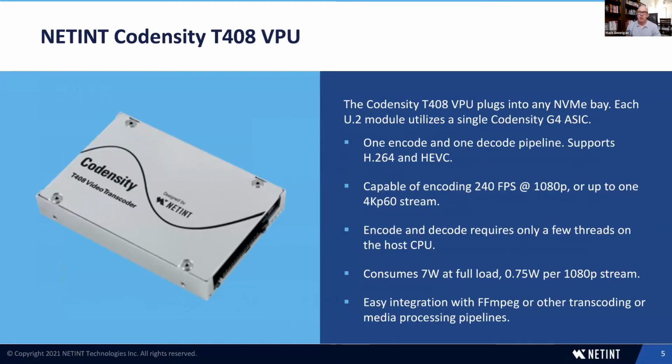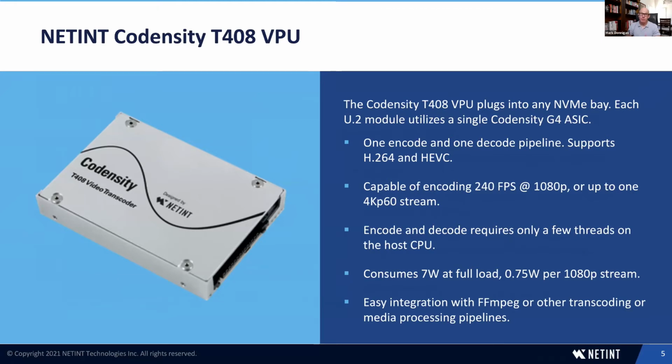Now, there are two products that we have commercialized, meaning that we've taken the G4 and built it into a solution that you can then install in a server in a data center. The first one, and the one that we're really exclusively talking about today, is the T408. You'll notice it looks like an SSD drive.